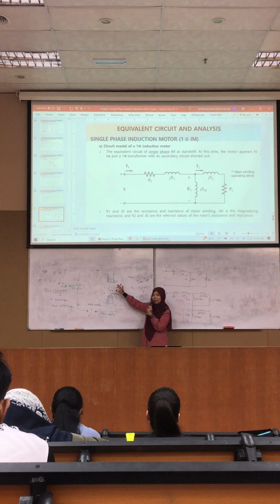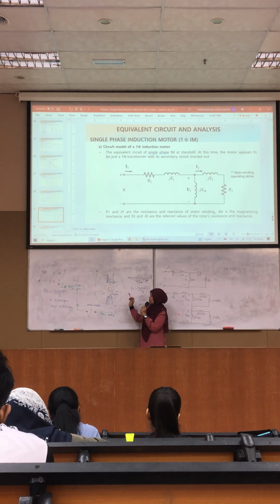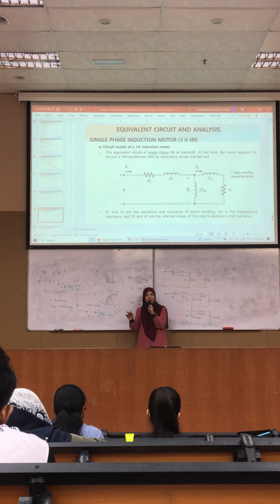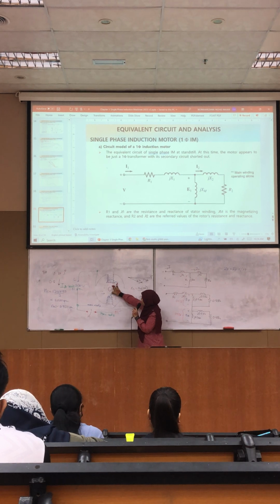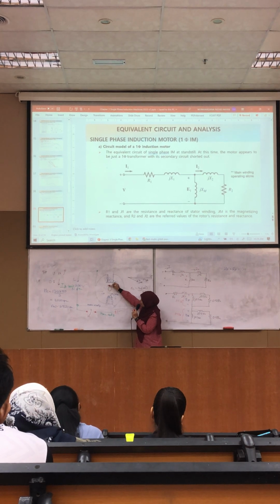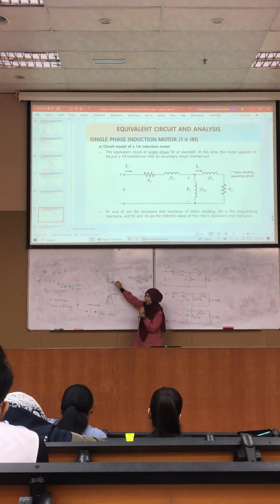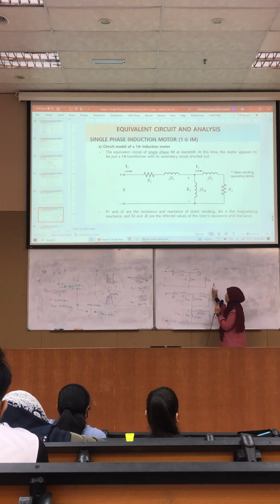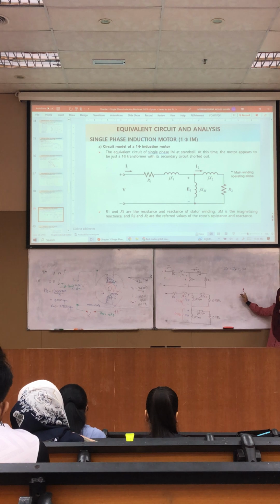So when original setting, it takes the principle of double revolving field yang awal-awal dalam video tu, kalau you remember. The double revolving field mentions forward and reverse. So this concept will be applied on the analysis of the power losses and efficiency of your motor.